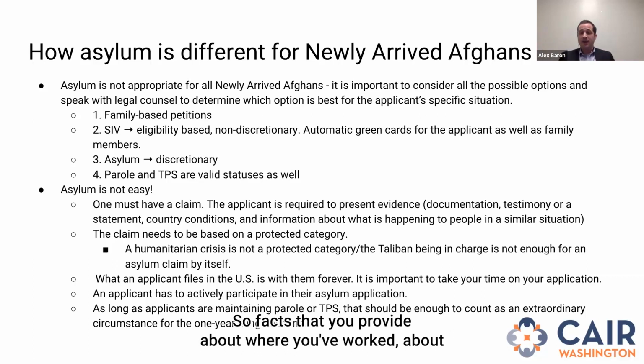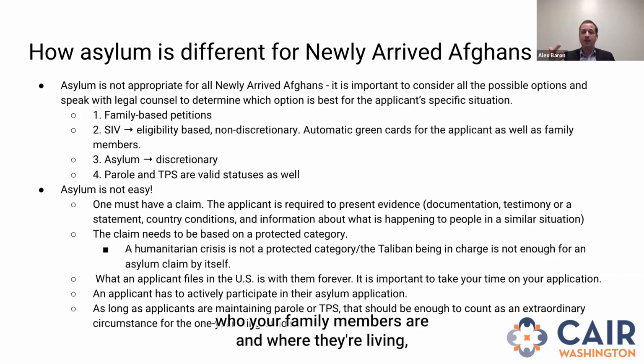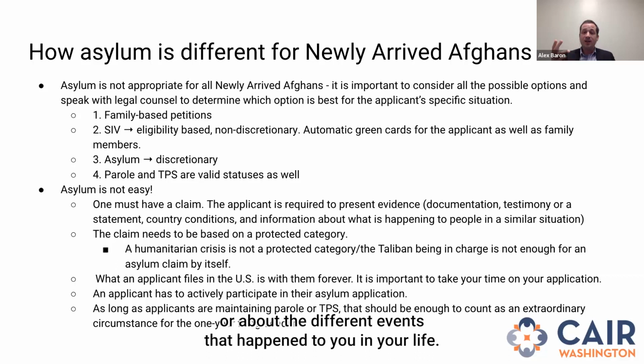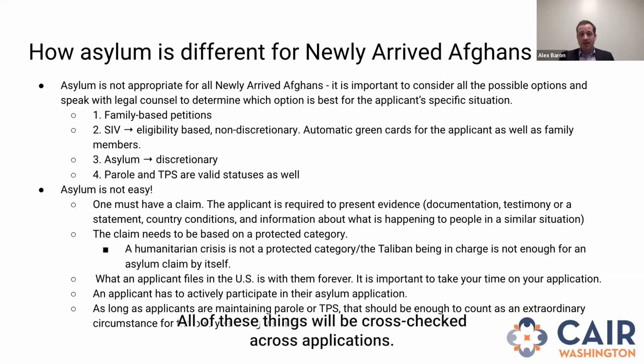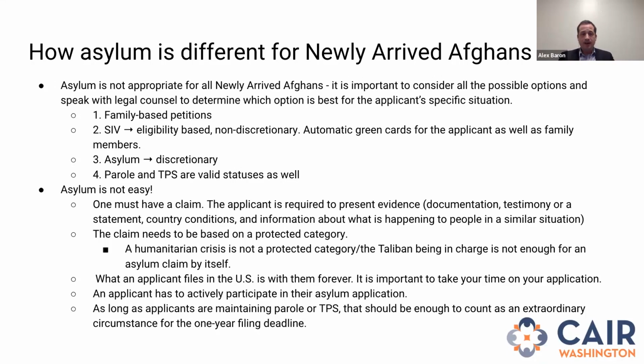So facts that you provide about where you've worked, about who your family members are and where they're living, about the different events that happened to you in your life, all of these things will be cross-checked across applications. So you need to make sure that it's all consistent.